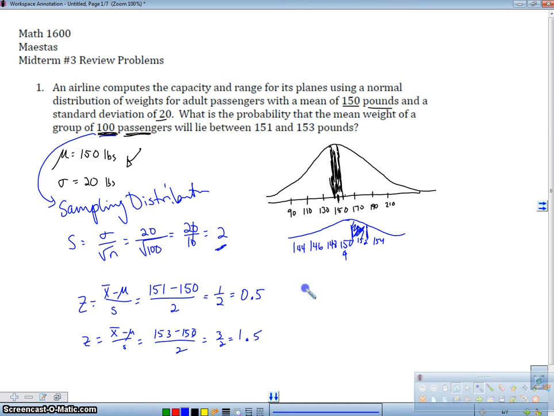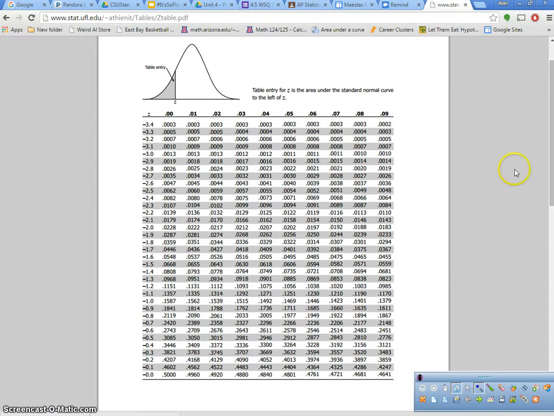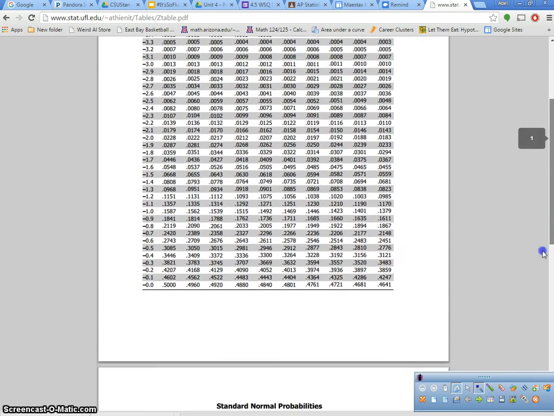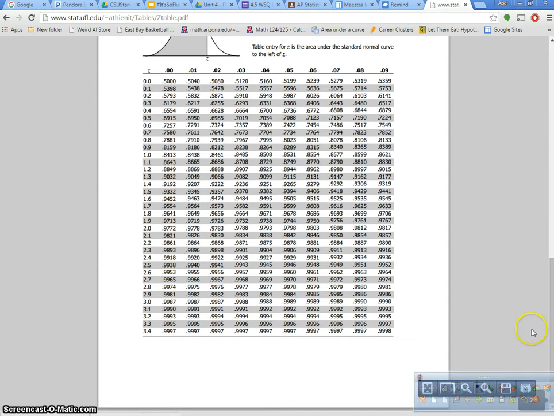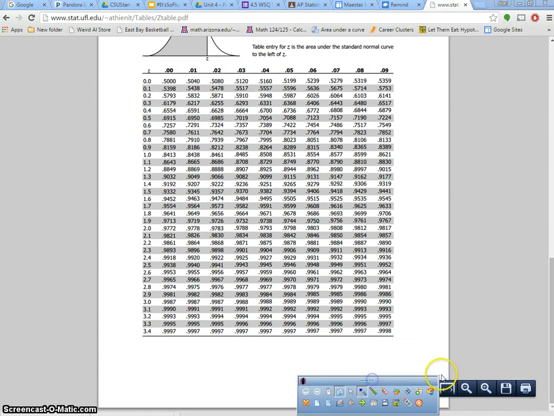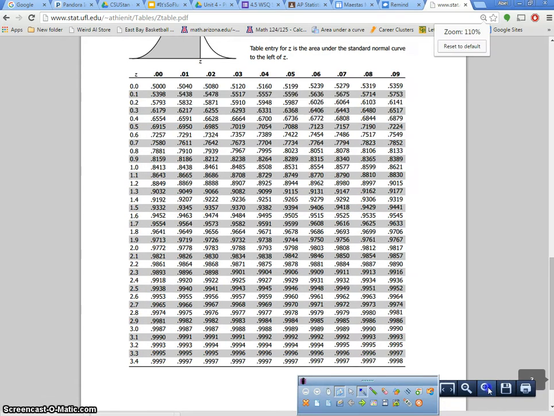So I'm looking for the probability that z is between 0.5 and 1.5. So I'm going to have to look that up in my z table. So let's go ahead and go to our z table, and here's our z table. So now my z-scores are 0.5 and 1.5. Let me zoom in here.